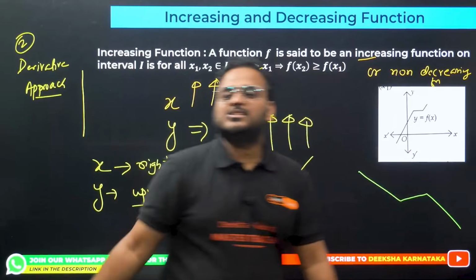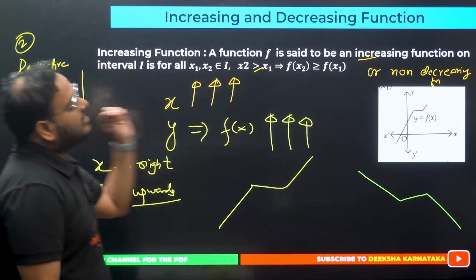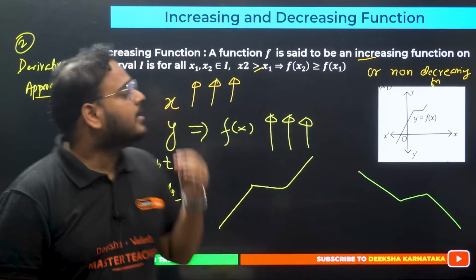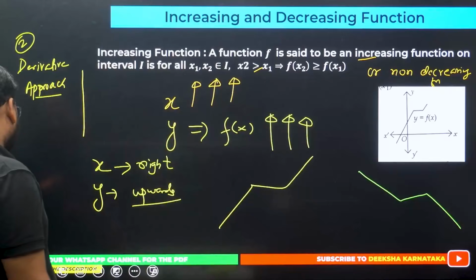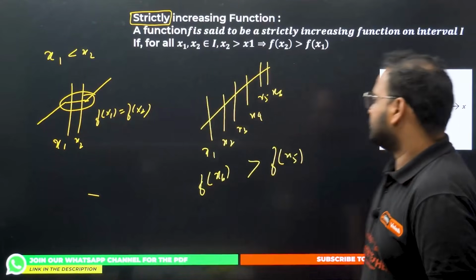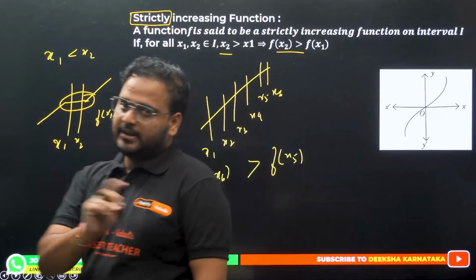So it's called non-decreasing or increasing, or basically also called a monotonically increasing function. The monotonicity comes into the picture over here. So a monotonically increasing function will be the case for the first one. This is simply a strictly increasing function. So this is very much clear. The difference is only the inequality and nothing else.